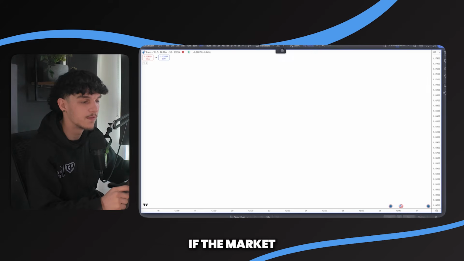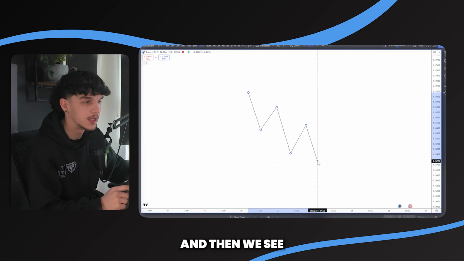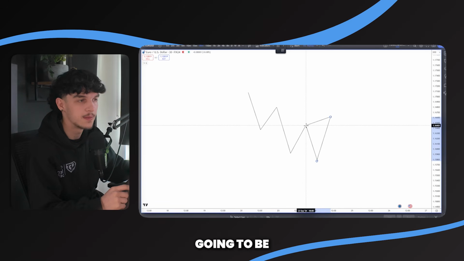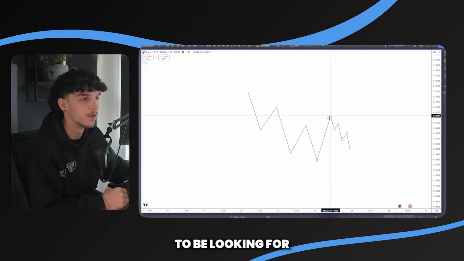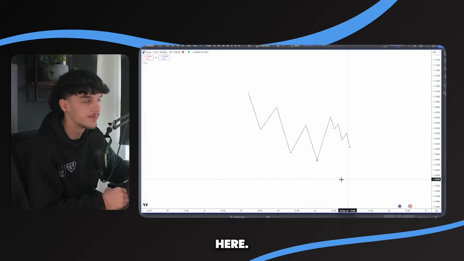So for example, if the market is having a sell-off like so, and then we see the market break above a pivot high like so, that's going to be most people's reversal break of structure. If we get a small movement down like so, you're going to be looking for potential longs here.